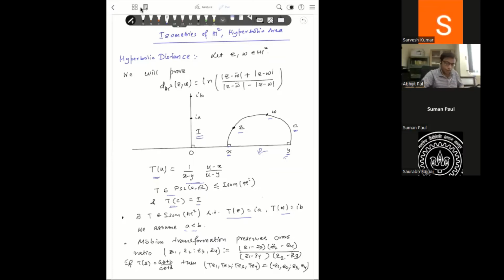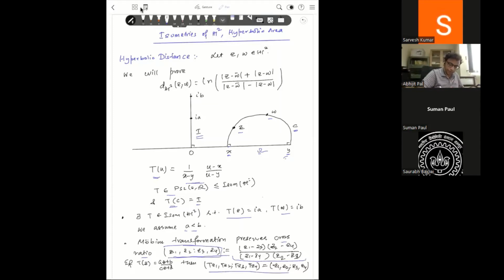Now we will use the fact that a Mobius transformation preserves the cross ratio. The definition of the cross ratio is given in complex analysis, and the cross ratio is denoted like this.